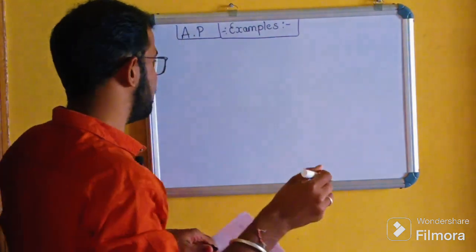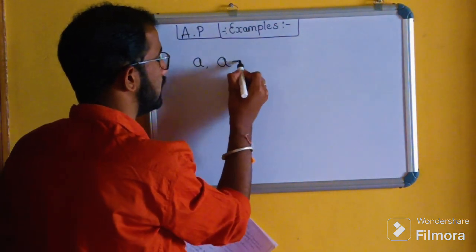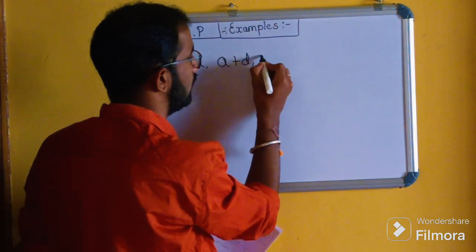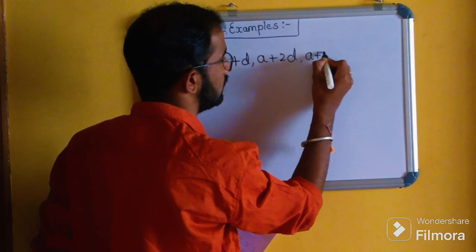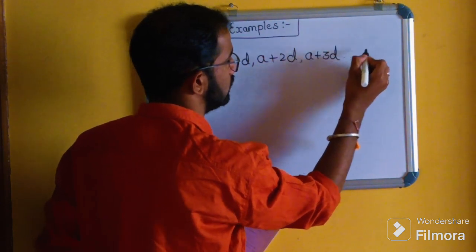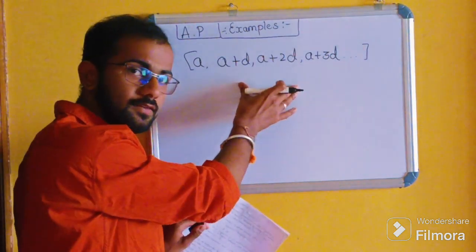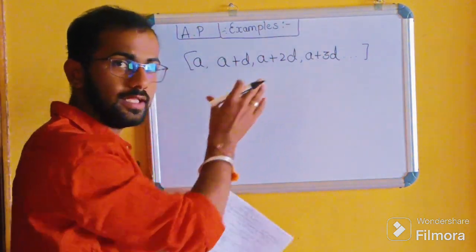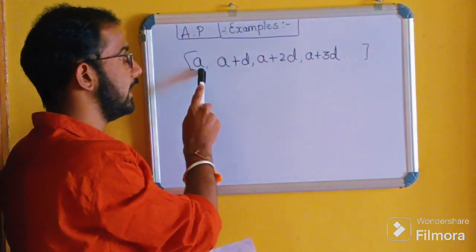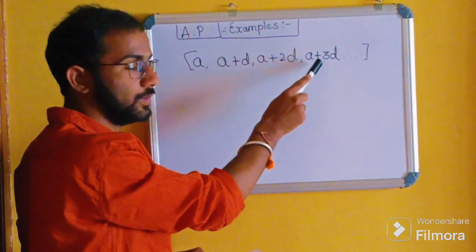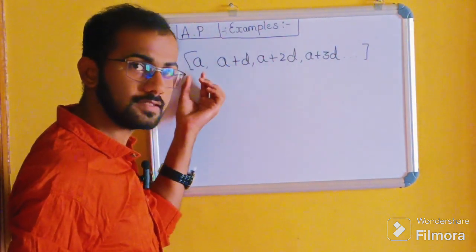So here: a, a plus d, a plus 2d, a plus 3d, and so on. This is the general form of arithmetic progression. So what is a? a is the first term.